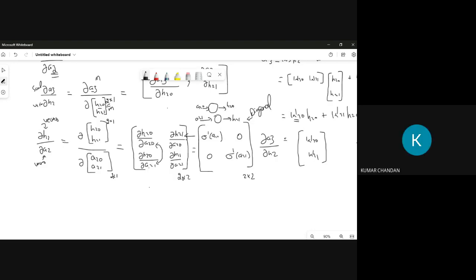Why is it always going to be a diagonal matrix? I think for the softmax, it will not be diagonal, or will it be in the softmax case also? Yeah, in the softmax also. I remember I worked it out in detail, and it turns out to be a diagonal matrix. Because sir, in softmax every term contains all the terms, so the off-diagonal terms may not be 0.